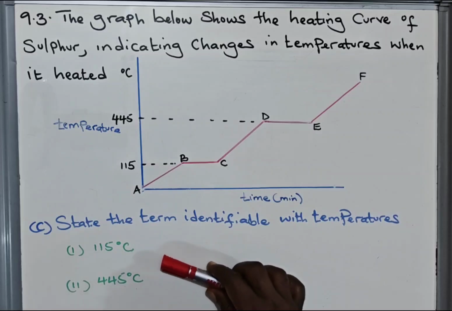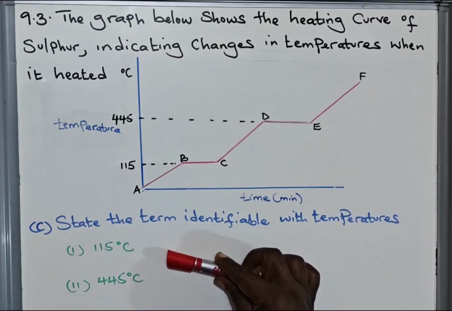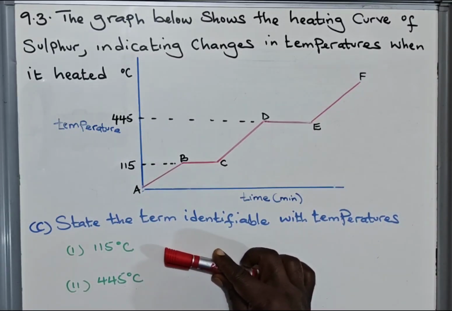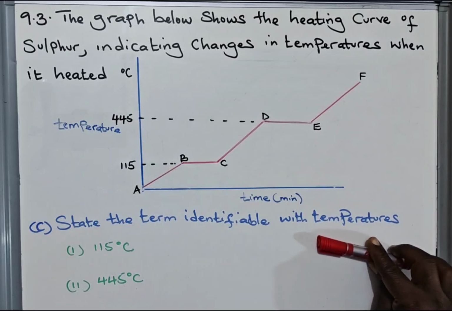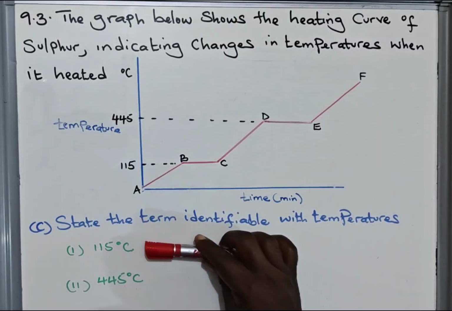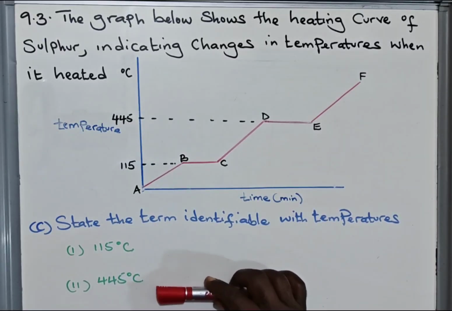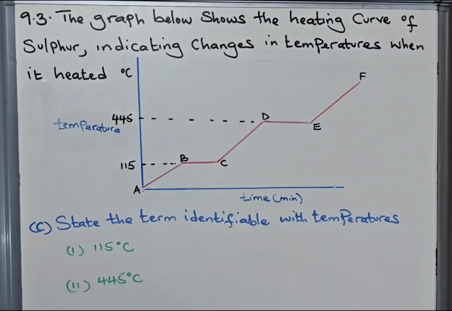Then we come to this one. It says, state the term identifiable with the temperatures below. What term is identifiable with a temperature of 115 degrees Celsius? What is it?